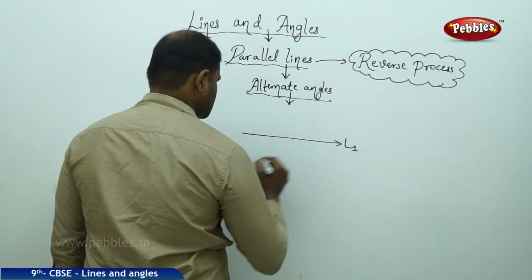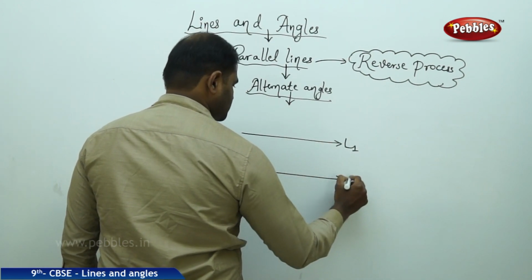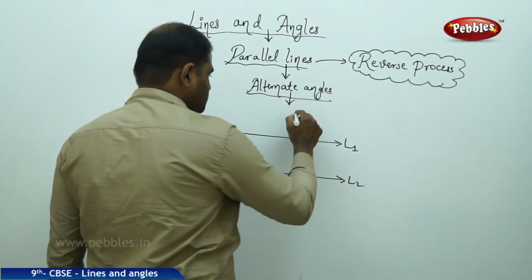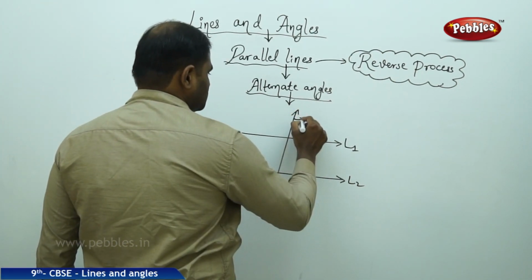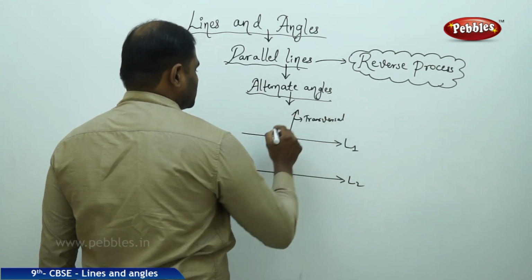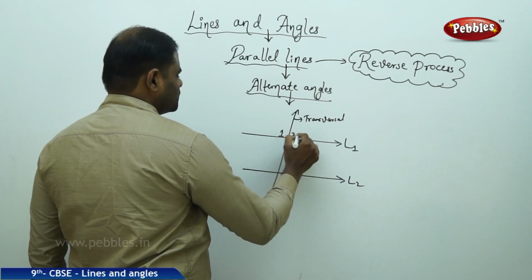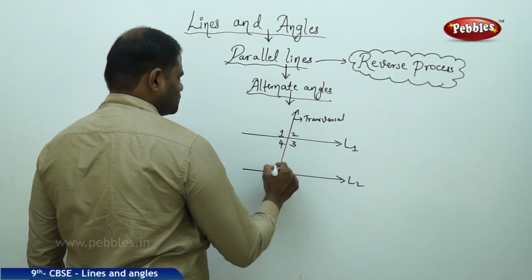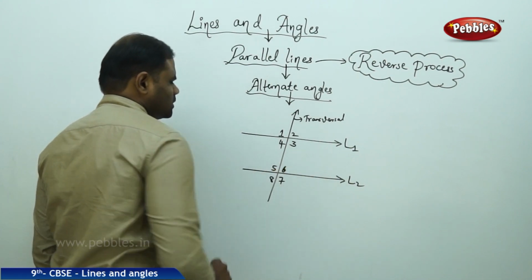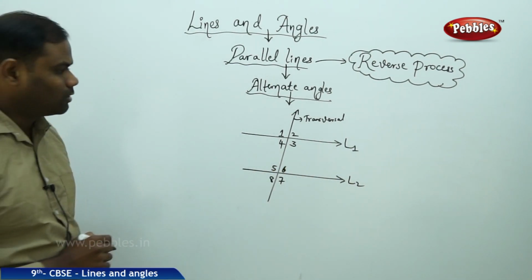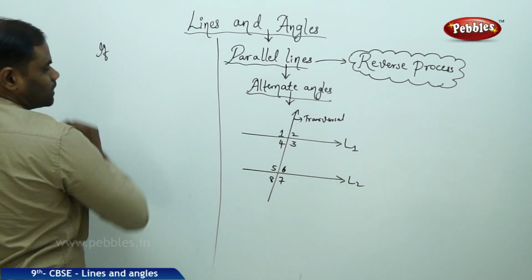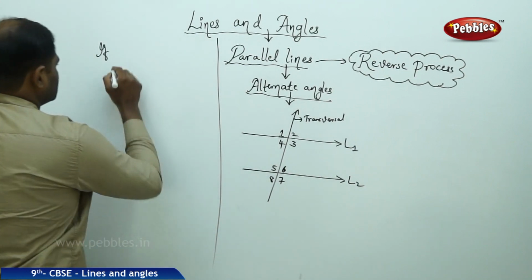The lines L1 and L2, which are not parallel, divided by the transversal and having the angles out here, we know that the alternate angles are 4 and 6.